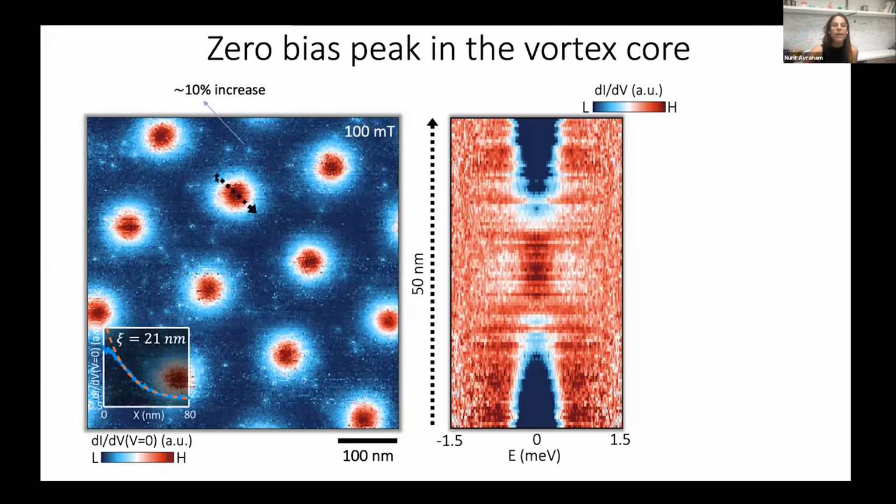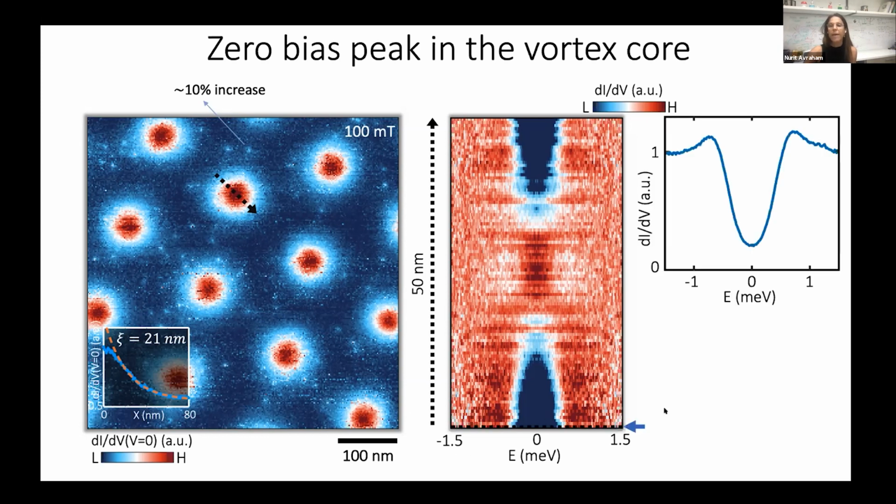Now let's inspect the structure of a single vortex by taking a line cut along this vortex. Here you can see the energy range, and this is the location along this cut. If we take a profile around here, just far away from the center, we see the typical superconducting gap.